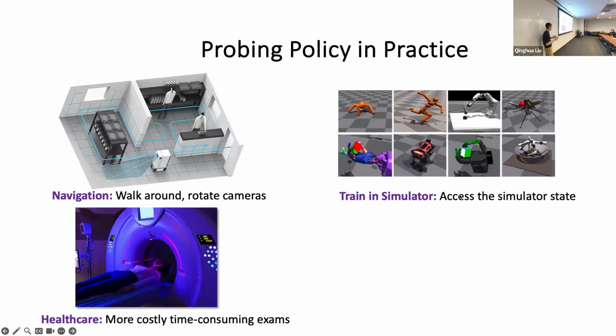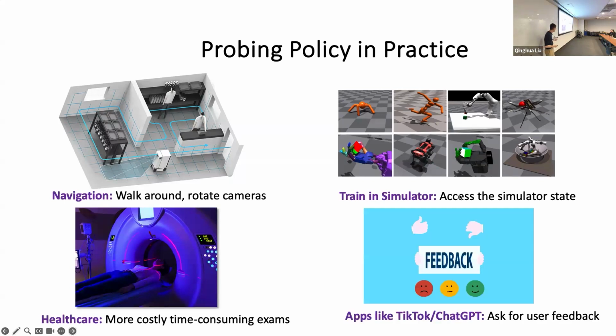If you are thinking about healthcare, this probing action could be some more expensive, more time-consuming examination of human bodies. And in some applications like TikTok or ChatGPT, you can just pop up a window asking for user feedback, and they may respond with certain probability, or they may not respond at all.